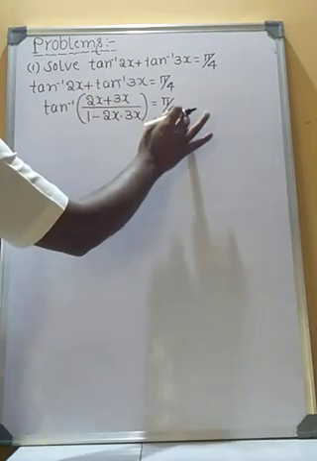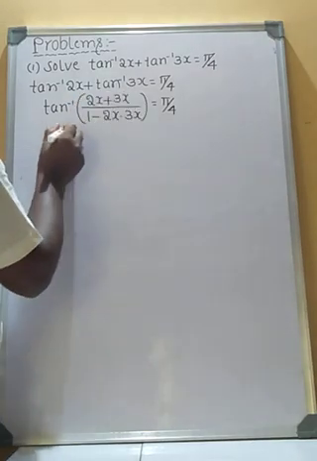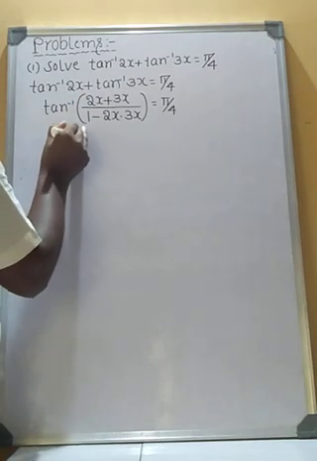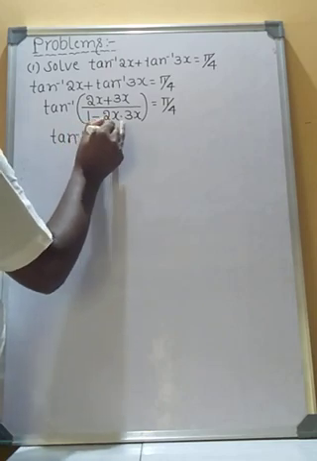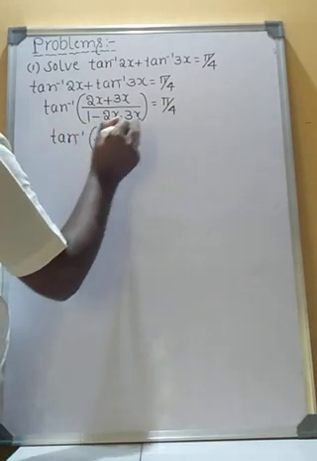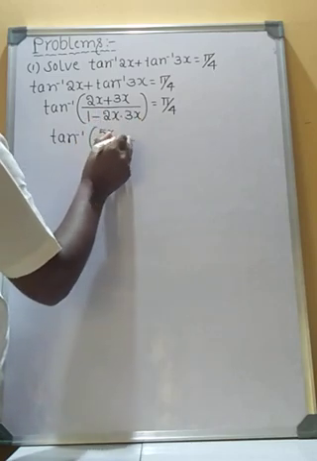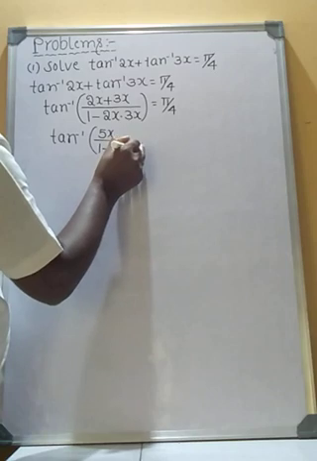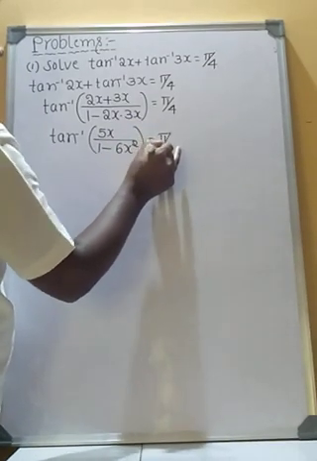That is, tan inverse of 5x divided by 1 minus 6x square is equal to pi by 4.